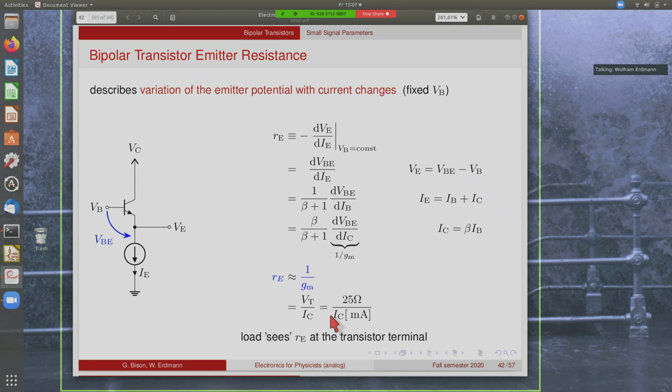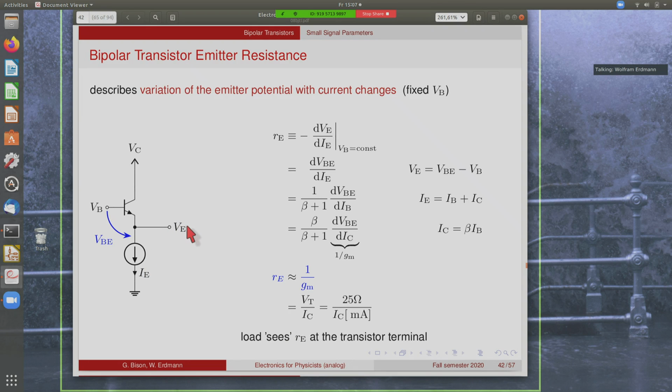Another small signal parameter that is often used is the emitter resistance. So it describes how the emitter potential changes when we have a current change, while we keep the other potentials fixed. So you keep the collector and the base potential fixed, and you vary the current here.